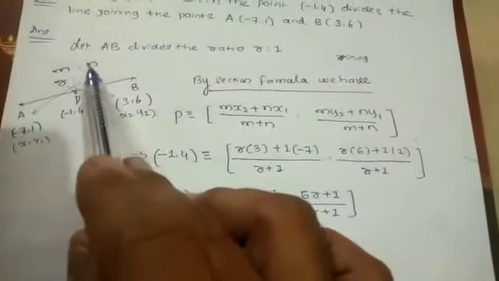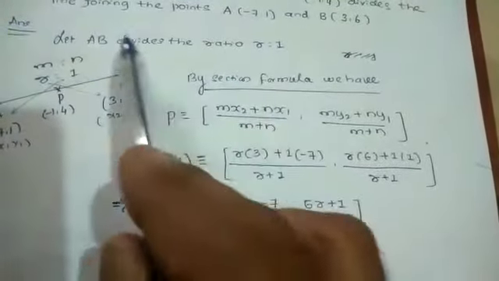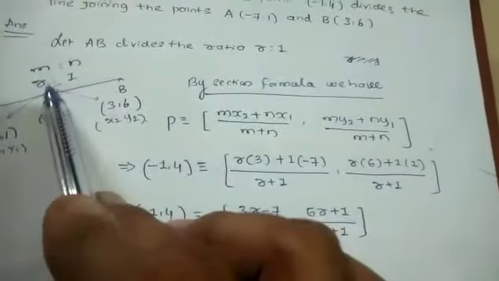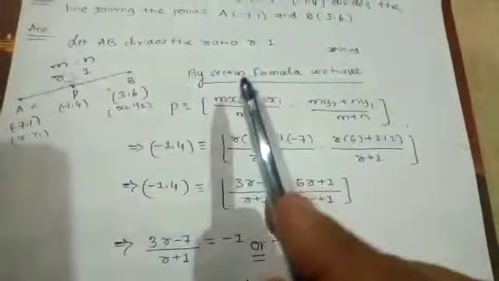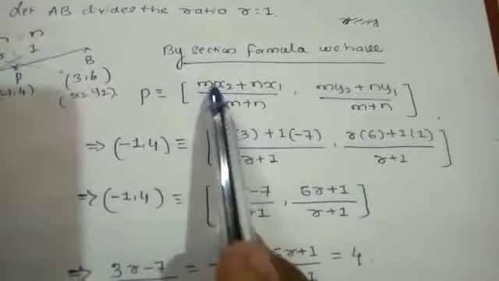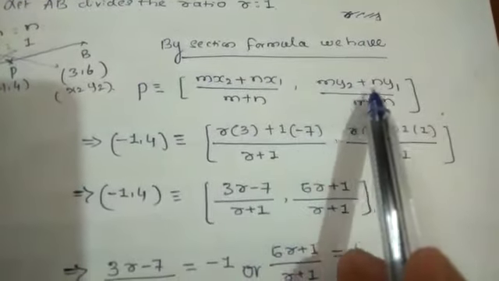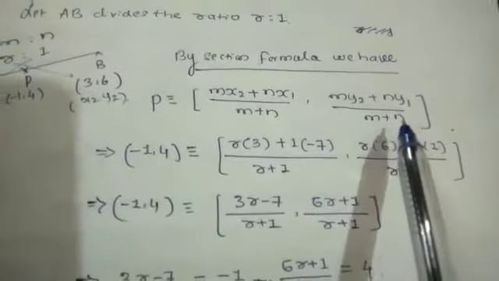To find the ratio itself, we consider the ratio as r:1. The section formula is already given: P equals (m x2 plus n x1) divided by (m plus n), (m y2 plus n y1) divided by (m plus n).